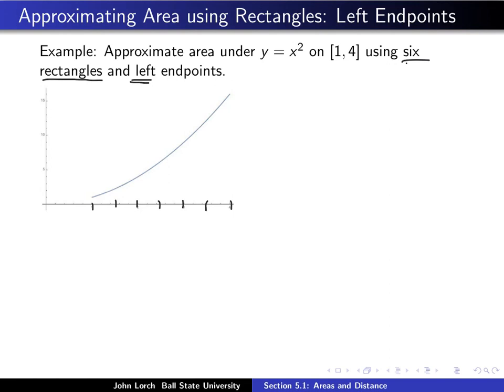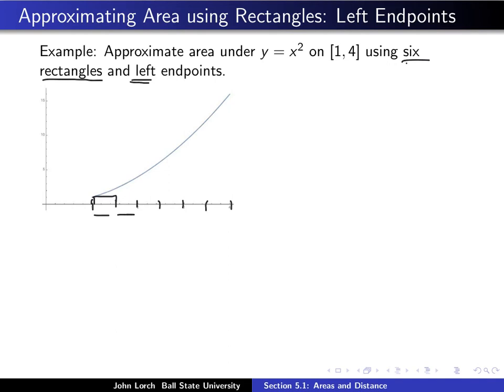And then the only question is, how do you form the height of the rectangle? In each piece, like this first piece, instead of finding the right endpoint, we're going to find the left endpoint, and from there we'll draw a segment up to the curve, and that will allow us to form a rectangle.